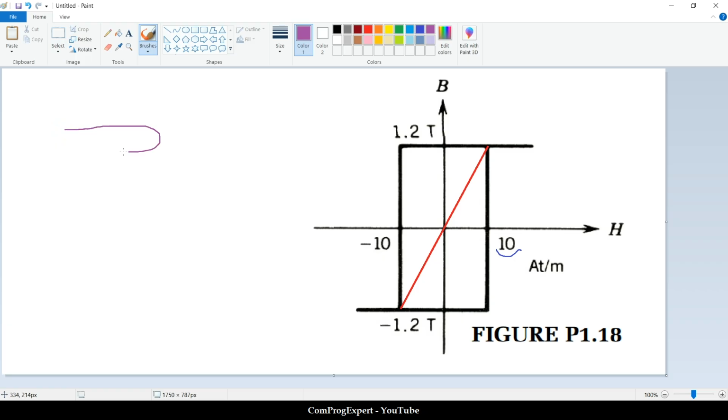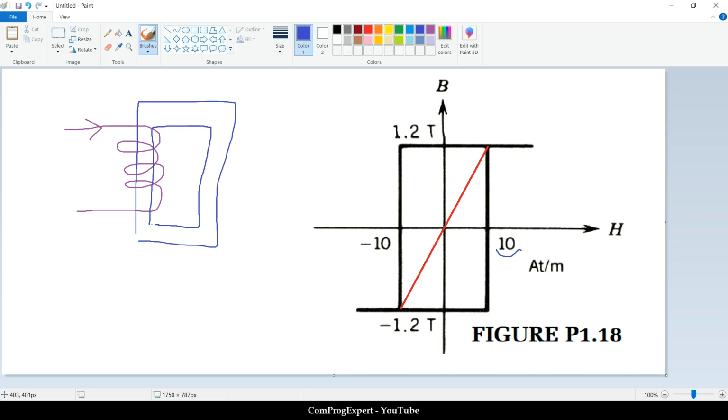So this is the coil and this is the core that we have in this case. Consider this coil core system, and suppose we start from this state in the material, where B is 0, H is 0.